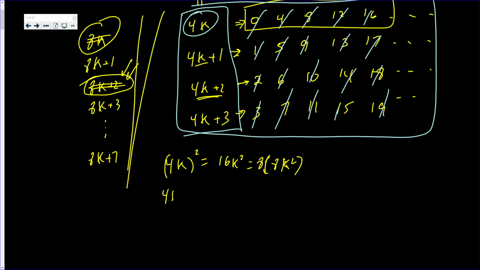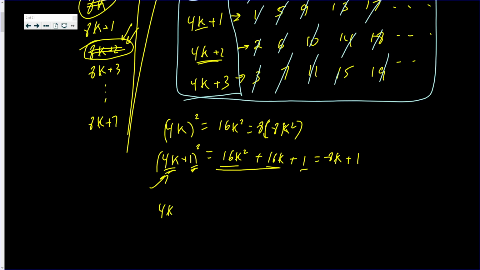And if you take 4k plus 1 and square it, you get 4k squared, which is a multiple of 8, plus 2 times 4k times 1, which is a multiple of 8. It'll be 16k. And then you add 1. This is a multiple of 8, this is a multiple of 8. Their sum is a multiple of 8, plus 1 more.